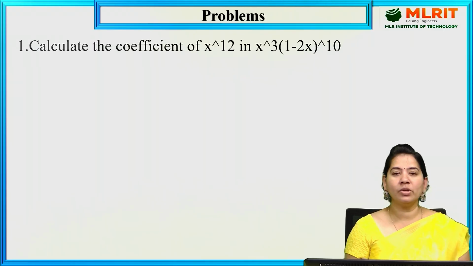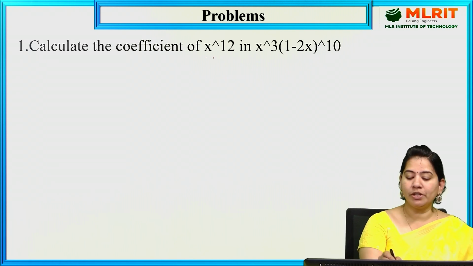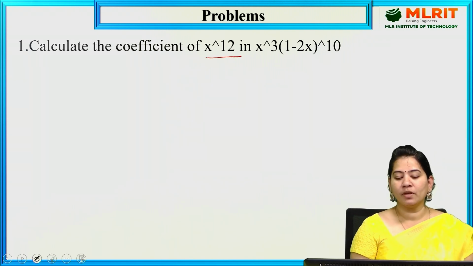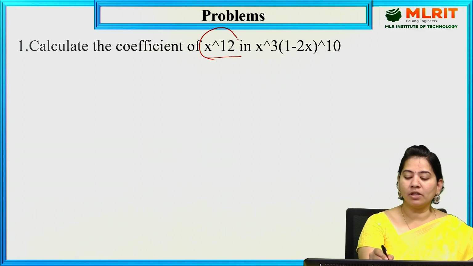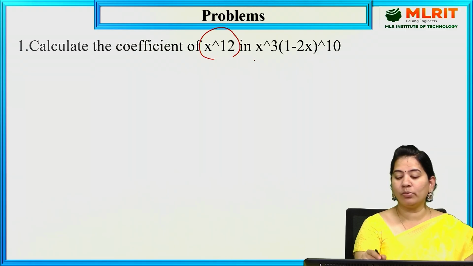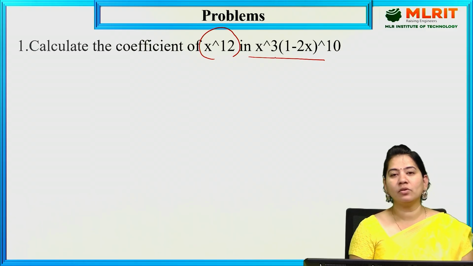The first question here is calculating the coefficient of x power 12. Here we need to find the coefficient of x power 12 in the given generating function, that is x cube into (1 minus 2x) whole power 10.